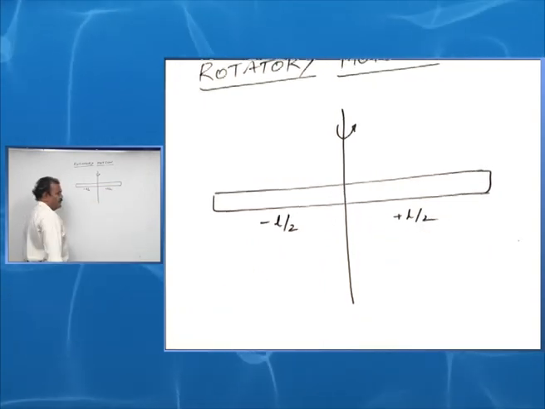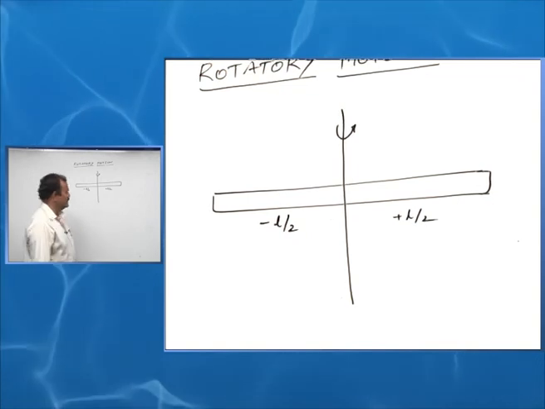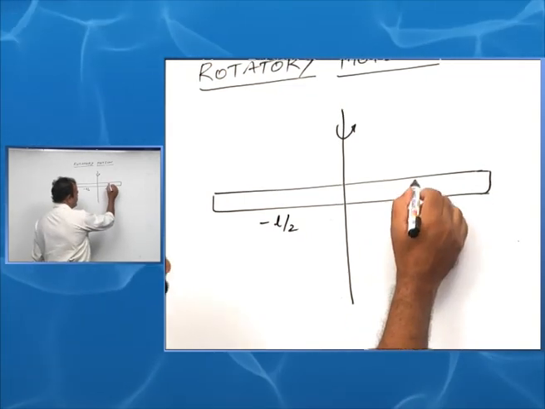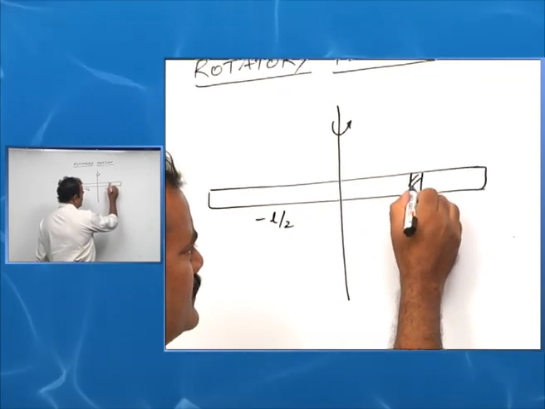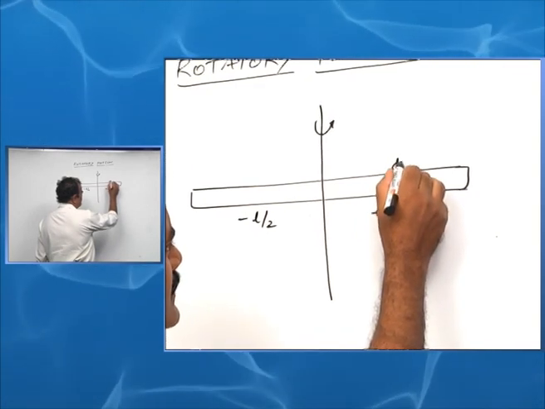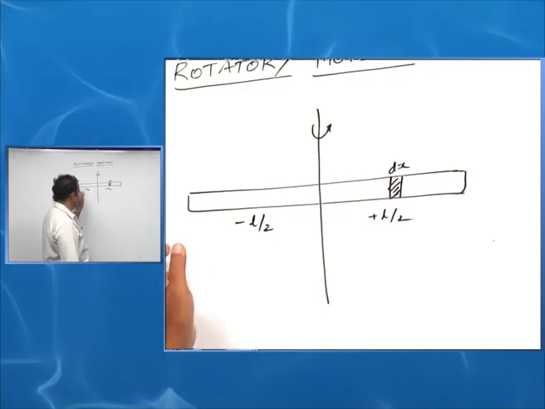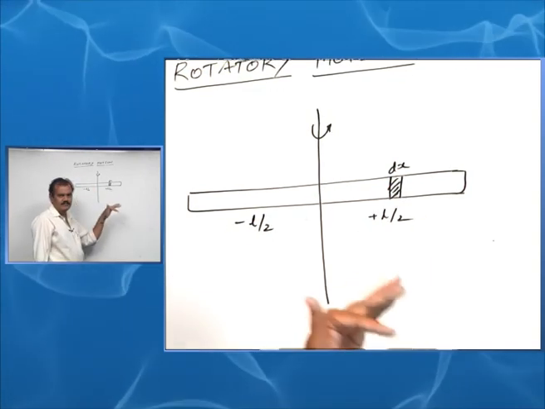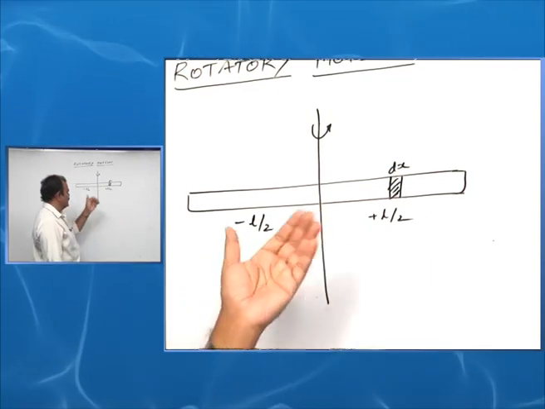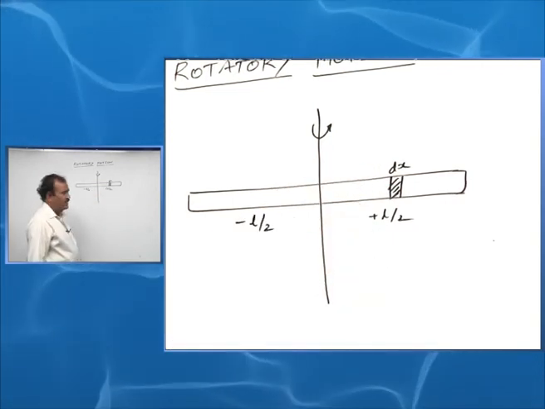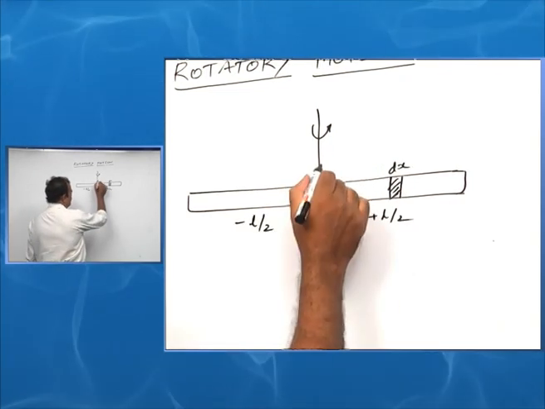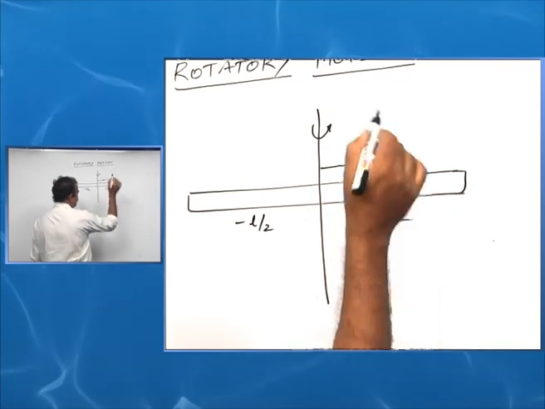To find the moment of inertia of such bodies, first of all we have to take some element like this. This element is taken as dx. We have already assumed the mass of the entire rod is M, so now we have to find the mass of this element. This element is located at a distance x from the axis of rotation.